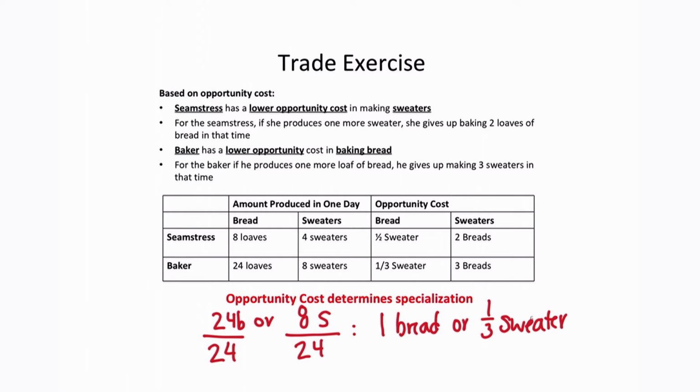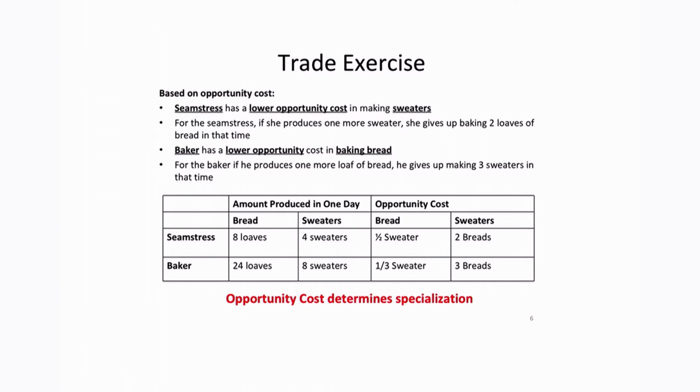So when we look at this, what we see is that the seamstress has a lower opportunity cost in producing sweaters, and the baker has a lower opportunity cost in producing bread.